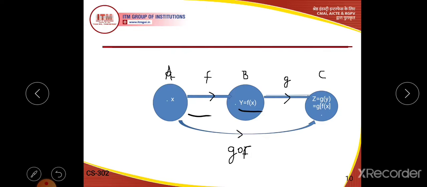Now y is equal to f(x). Here g is a mapping from set B to C. After that, we get z is equal to g(y). Now put the value of y, which is f(x). So we get g(f(x)).